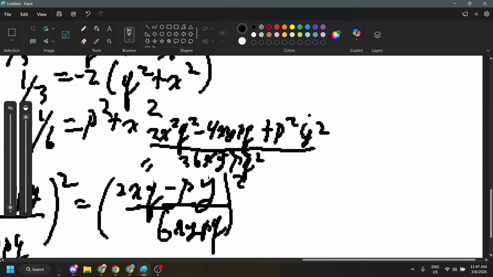Well, you see, in this term and this term, we have x squared plus y squared. And here, I guess it's 2x squared plus y squared.